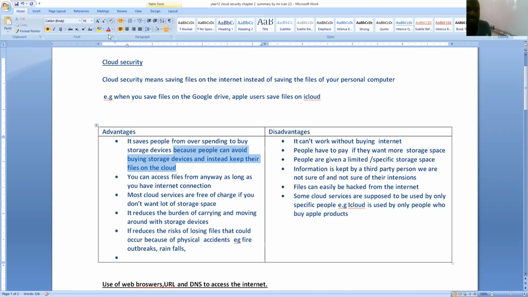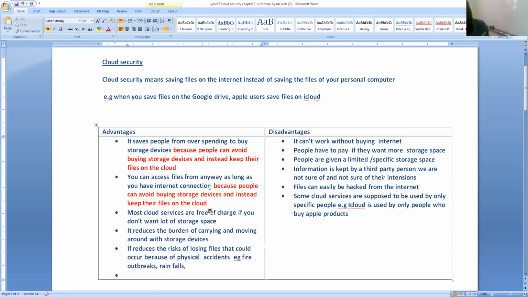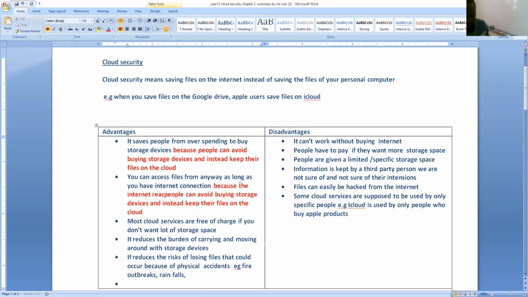Next, I'll put this in red. You can access the files from anywhere as long as you have an internet connection. This is because the internet reaches everywhere in the world.